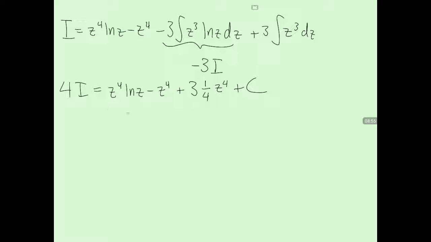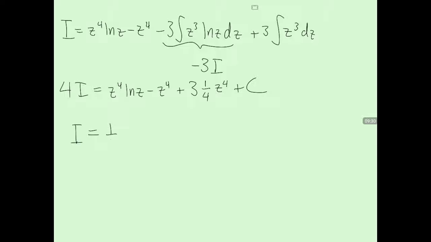So right now we have this, and you may think this is a non-legit way of doing things, but this is perfectly okay because this is exactly what we started with. So if we replaced I with the integral of z cubed ln z dz, then we would have negative 3 of these on the right, and 1 of them on the left. So we can just move this to the left to get 4 of them. So the answer to our integral is, in fact, this entire thing divided by 4.